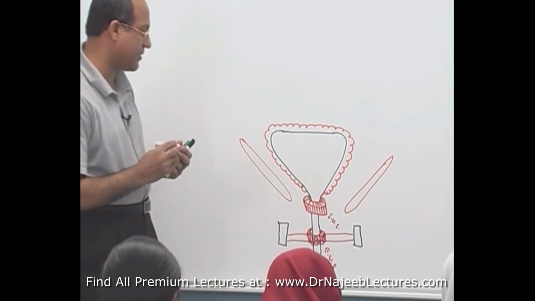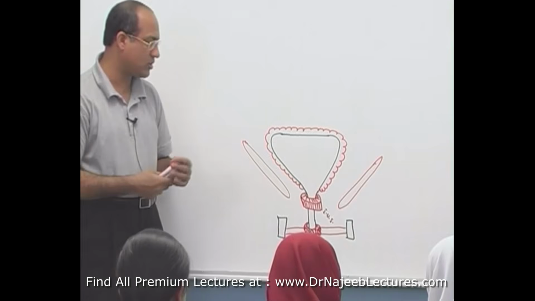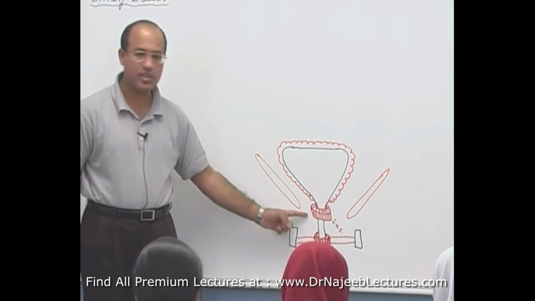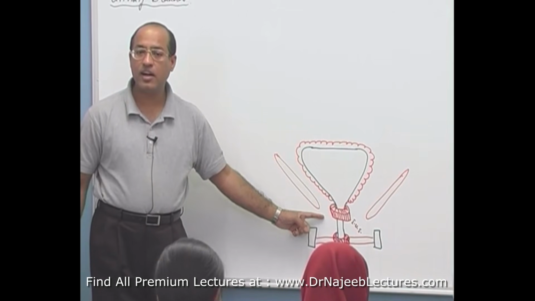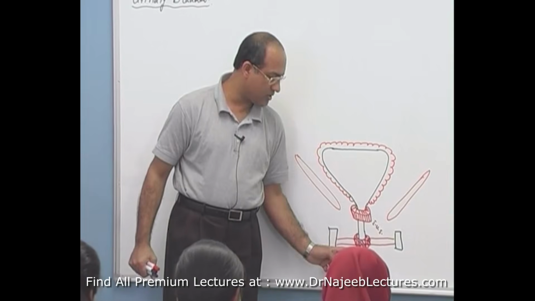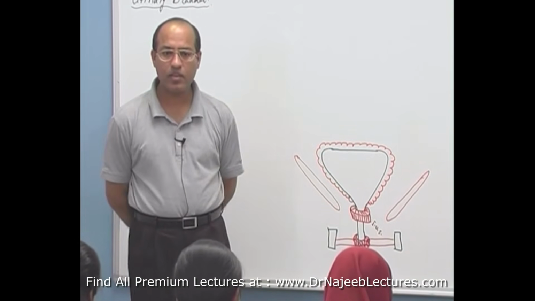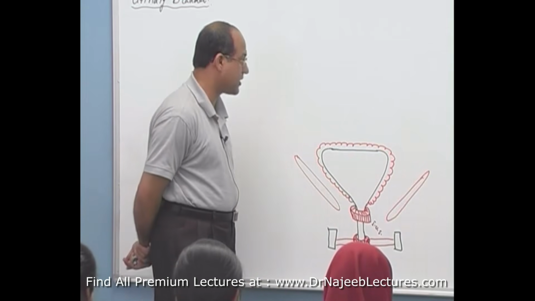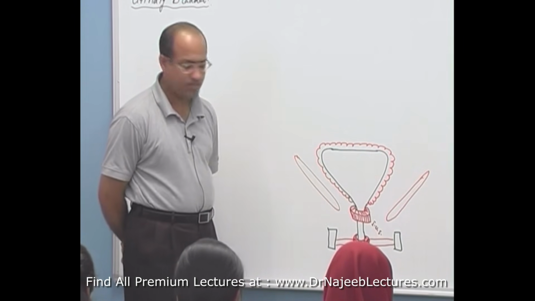One very big difference between them is that the internal urethral sphincter is working automatically, involuntarily, and the external urethral sphincter is working under voluntary control.